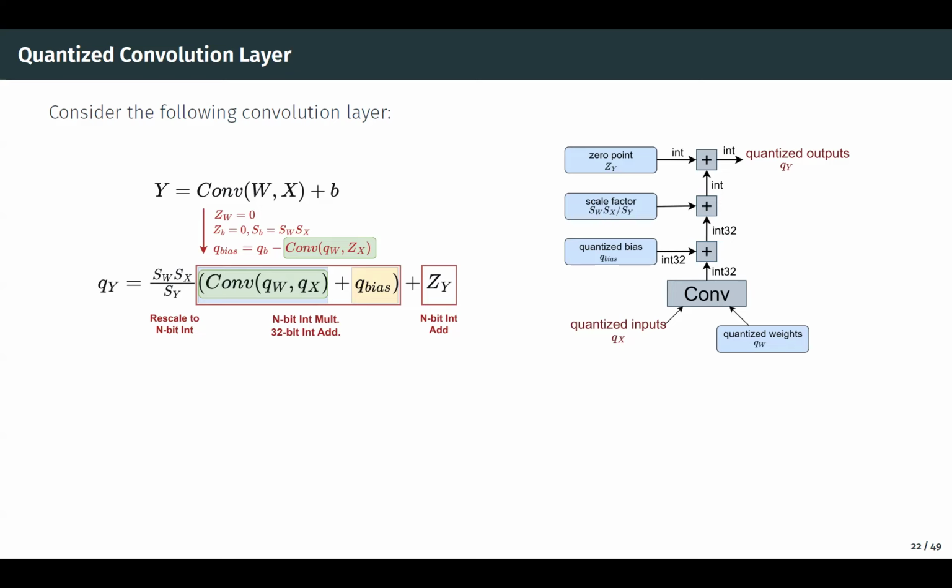So we increase the bits to 32-bit integers, and then we add the bias, and then we divide by the scale. Then we can go back to 8 bits, and you add the Z points, and then you have your quantized output. So this is the step-by-step process of quantization in a hardware implementation.